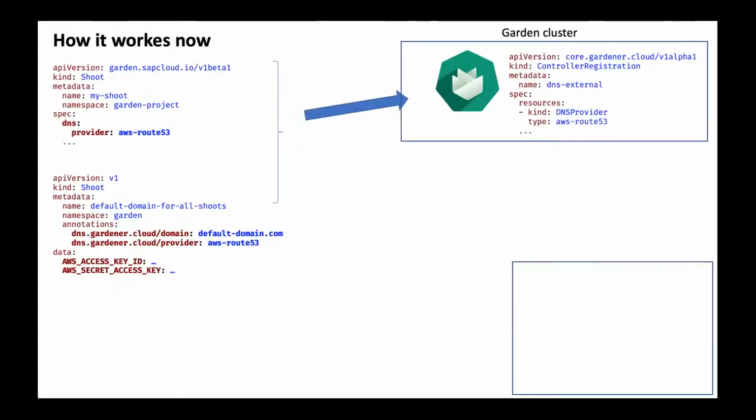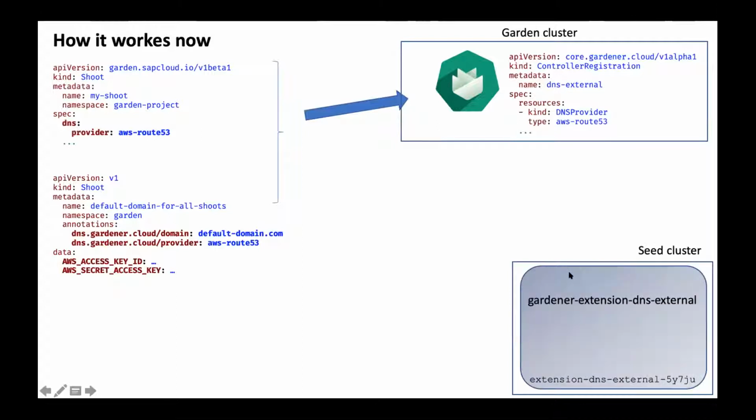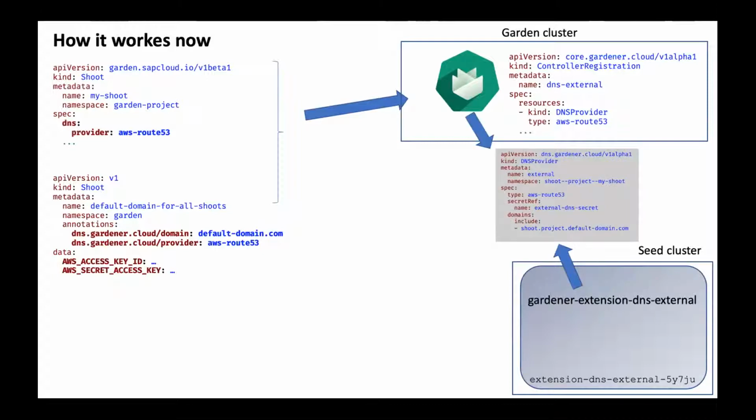But then what is now happening: the shoot is coming to the Gardener, and the Gardener administrator has registered an external DNS controller for certain providers. That means in the seed cluster we get a namespace where this extension is installed, similar to the operating system config. And then when the shoot is created, at some point in time, the DNS records shall be created.